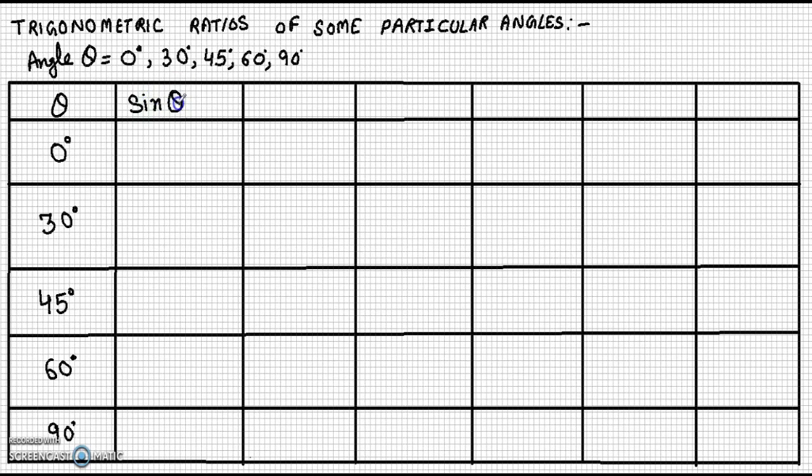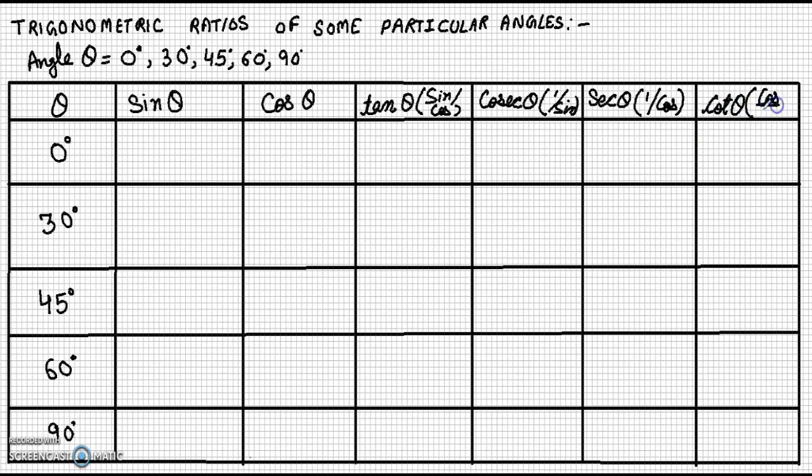And we have to find out the values of sin theta, cos theta, tan theta, which is sin upon cos theta, then cosec theta, which is reciprocal of sin theta, sec theta, which is reciprocal of cos theta, and lastly cot theta, which is reciprocal of tan theta or cos theta by sin theta.